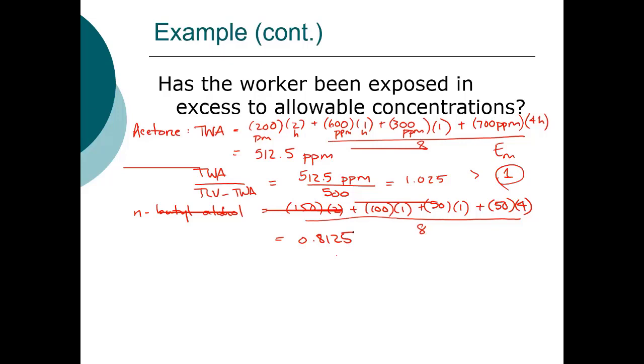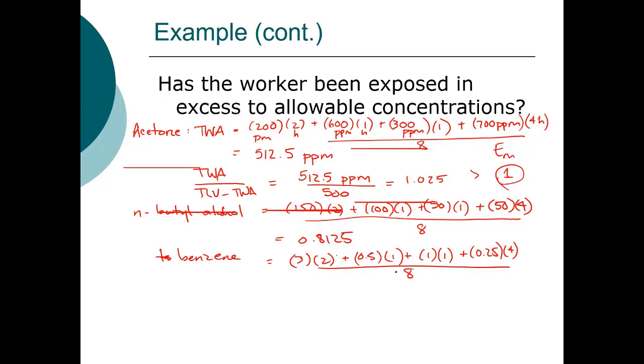So at least for N-butyl alcohol, note the correct answer is 81.25, as will be explained later. And we have 3 times 2 plus 0.5 times 1 plus 1 times 1 plus 0.25 times 4.